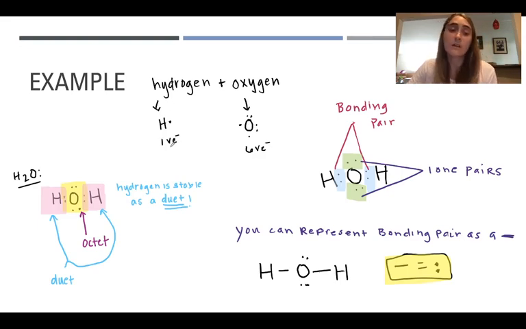Hydrogen is an easy one. It only has 1 valence electron. And oxygen has a total of 1, 2, 3, 4, 5, 6 valence electrons. In case you forgot, we're identifying valence electrons either by doing the electron configurations or by looking at the periodic table. For oxygen, I just looked at the periodic table and looked at what column it was in, and it was in column 6, which made it have 6 valence electrons.